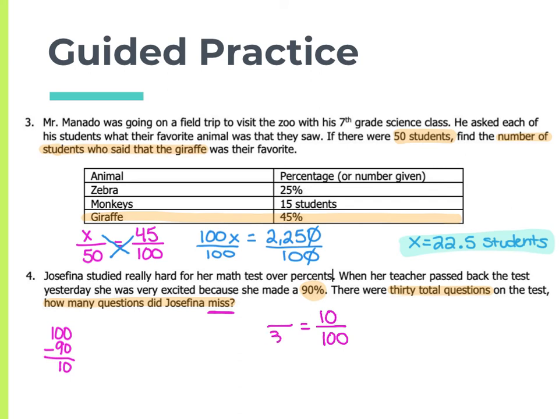There were 30 total questions on the test, and we're looking for the part, the number of questions that she missed. So next we'll cross multiply. 100 times x, and that equals 30 times 10, which is 300.